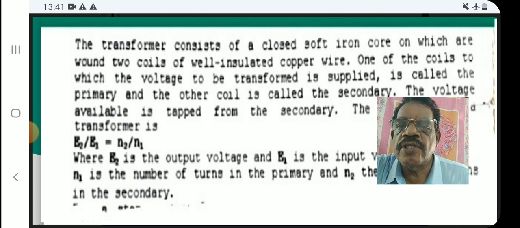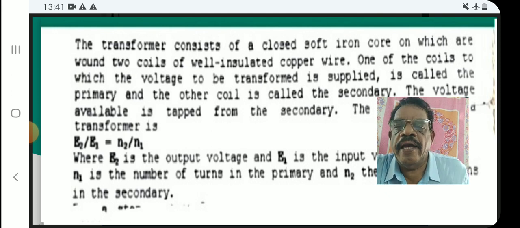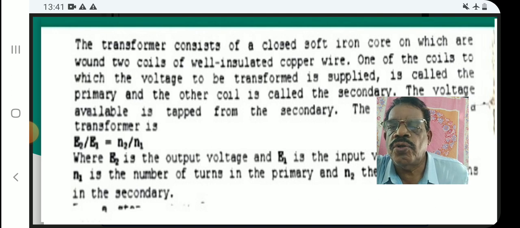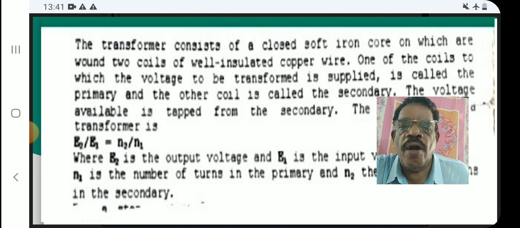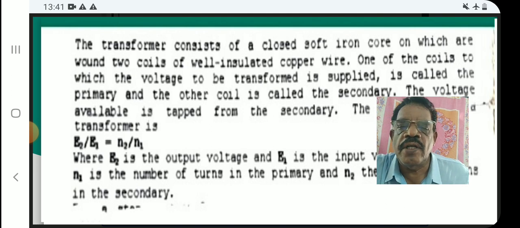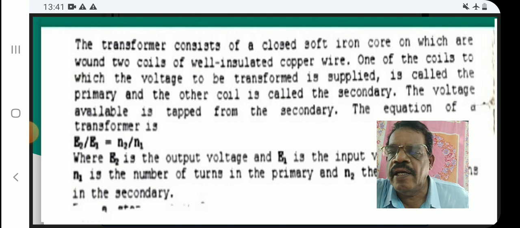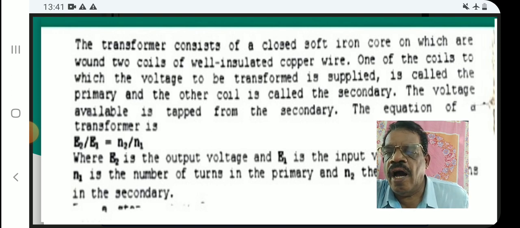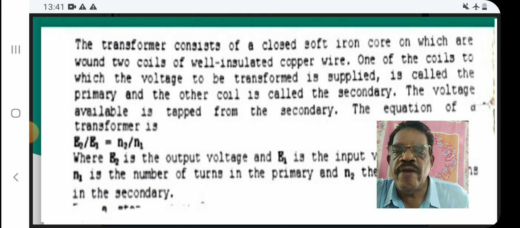The transformer consists of a closed soft iron core upon which are wound 2 coils of well insulated copper wire. One of the coils, to which the voltage is to be transformed, is called the primary, and the other coil is called the secondary. The output voltage is tapped from the secondary.